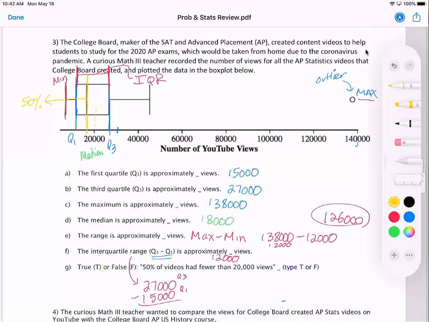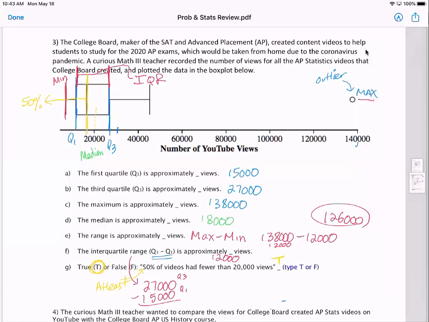So that would be a true statement that 50% of videos had fewer than 20,000 views. Maybe we could say this is at least 50% because it looks like it's going to be more than that. We don't know exactly how much more, but we do know for sure that at least 50% of videos had fewer than 20,000 views. So we would type T if we're doing this online. True.